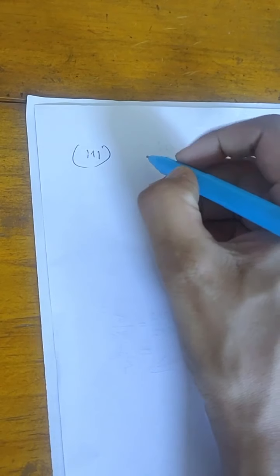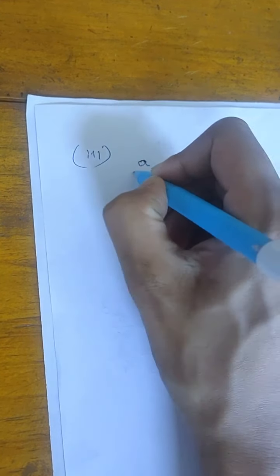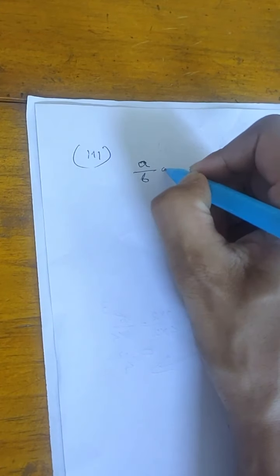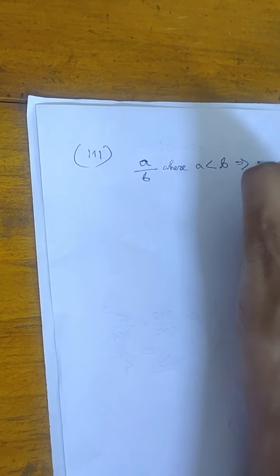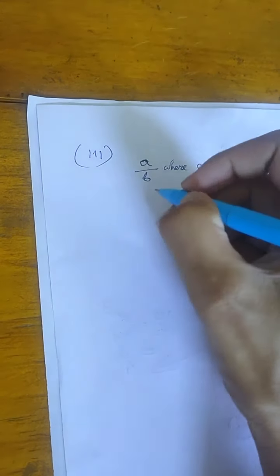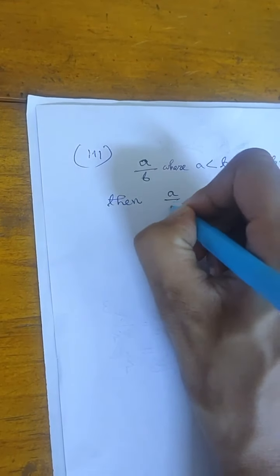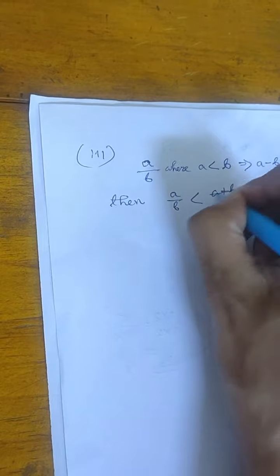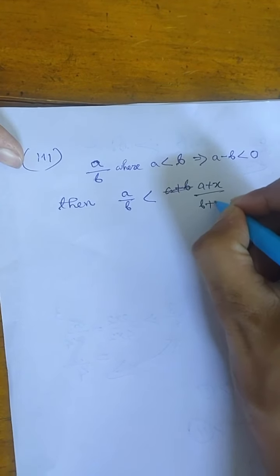Means if the ratio was like this, a/b, where a is less than b implies a minus b is less than 0, then a by b is less than a plus x by b plus x.